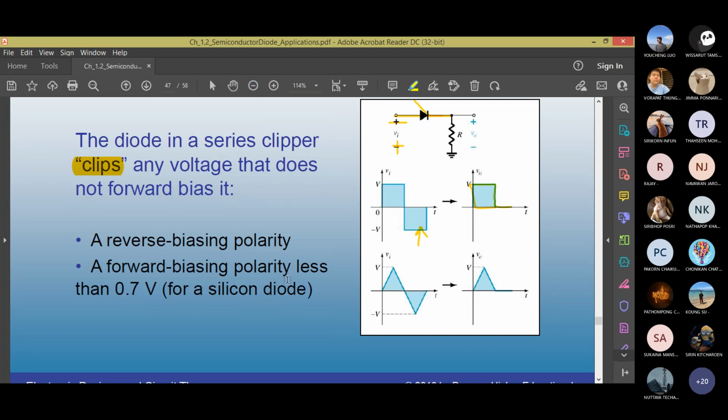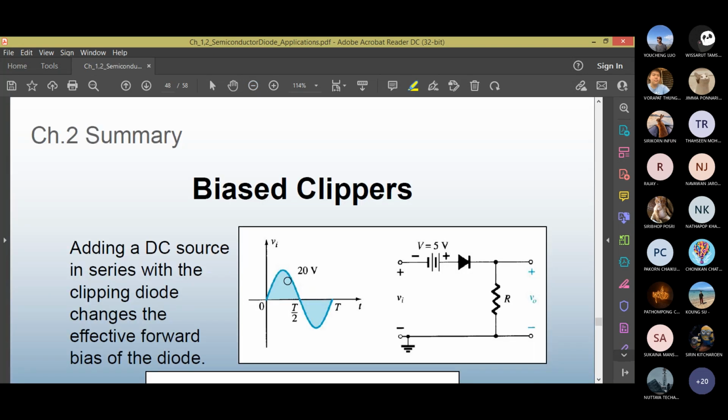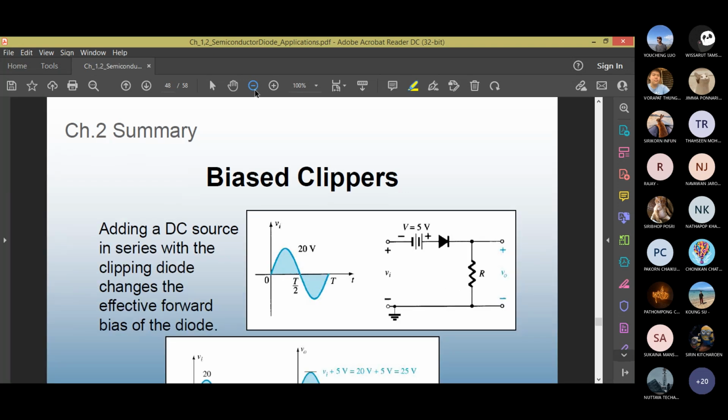Then there is the parallel clipper. Okay, before we go to the parallel clipper, we can do another called a bias clipper. This is a series clipper, but we have added a 5 volt source. What is the reason for adding it? By the way, adding a DC is called biasing.